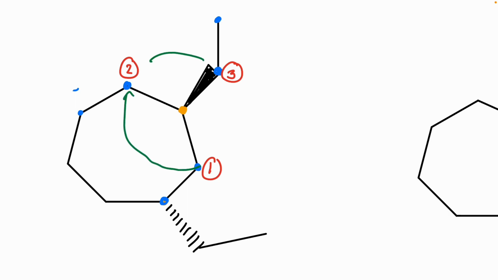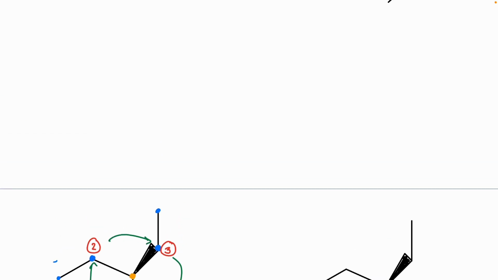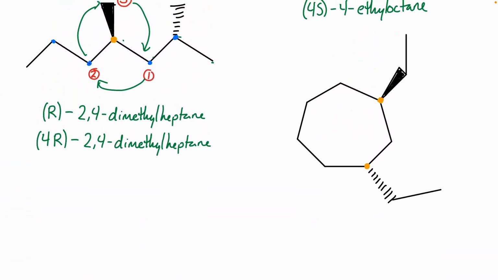If I connect these, I am going in the clockwise direction. And what does clockwise mean for this particular bond? R, right? Because the hydrogen is into the page. So this one's R.